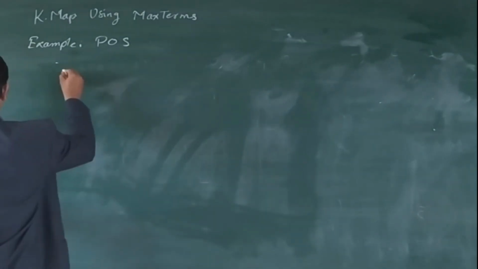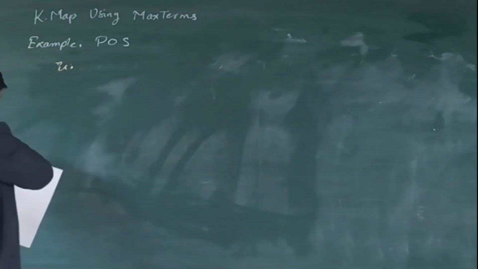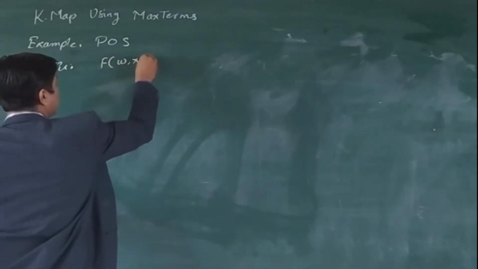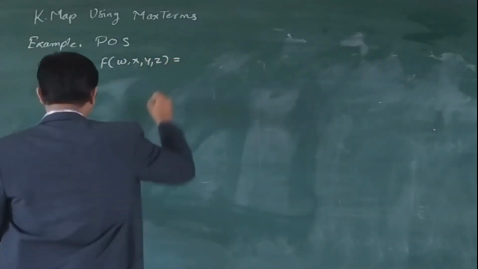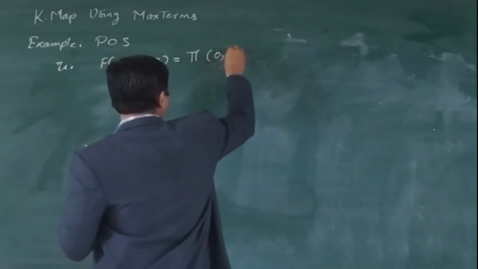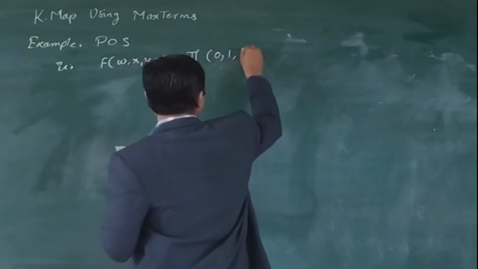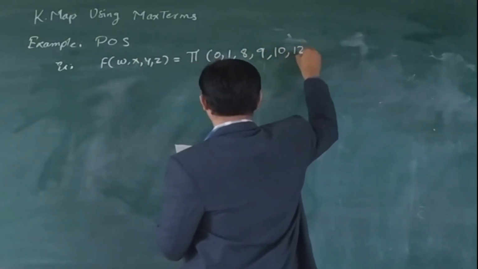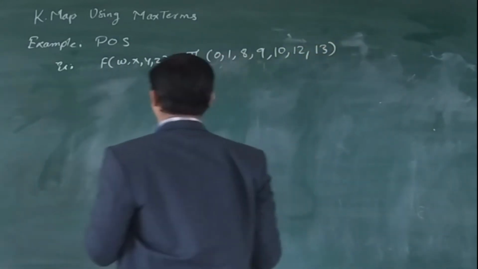So let us take the next example what we have. Okay, so f of w, x, y and z equal to pi of 0, 1, 8, 9, 10, 12 and 13.